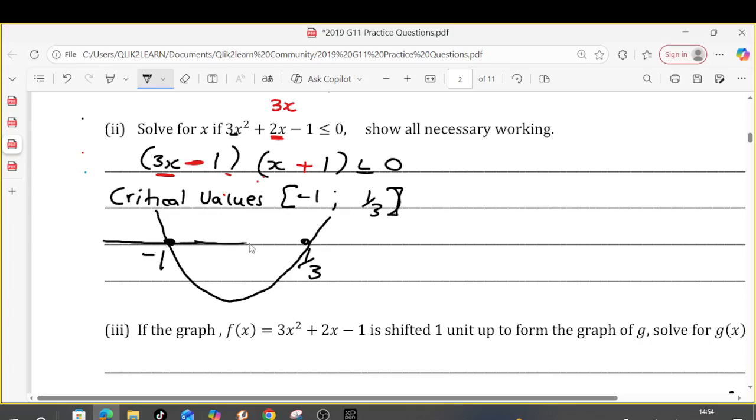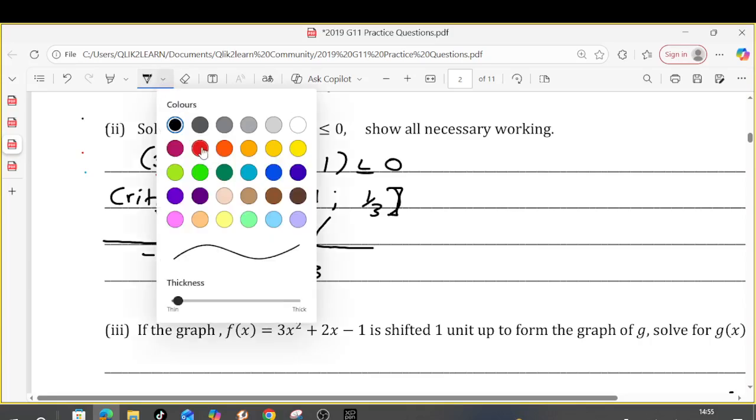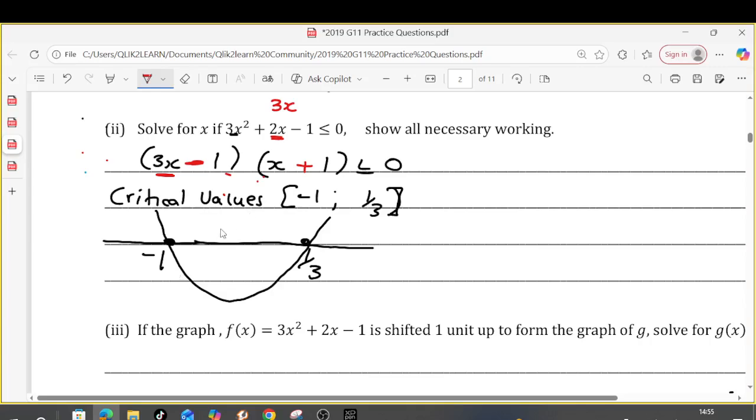Right, so now let's decide on the final answer. When you decide on the final answer, we have this, we have that. My advice is that if one critical value is negative and the other one is positive, choose any number between these two numbers.